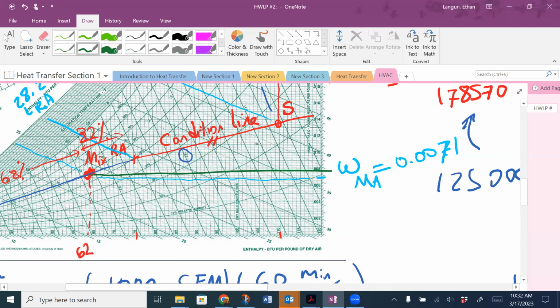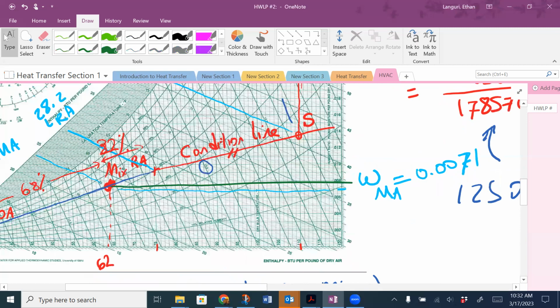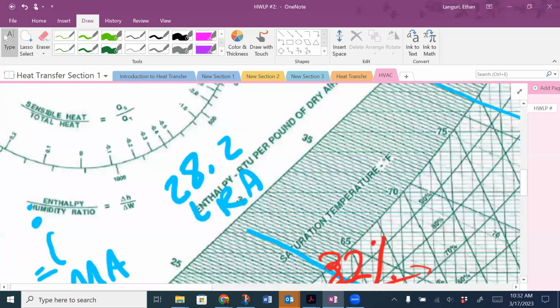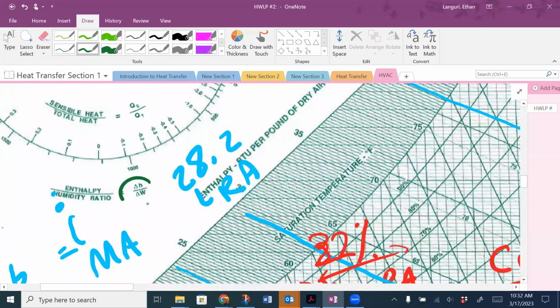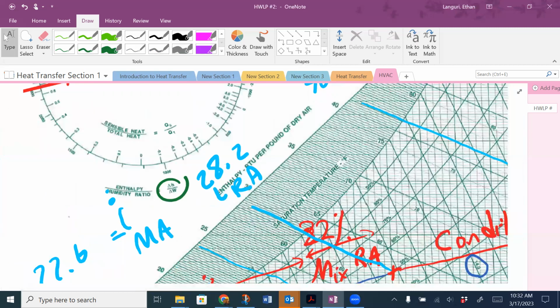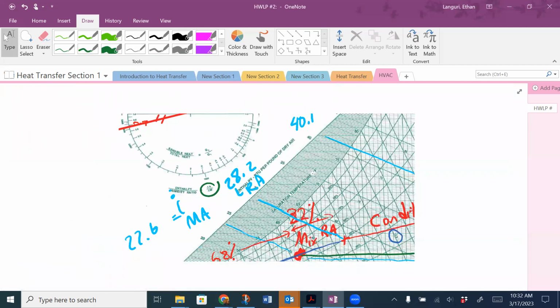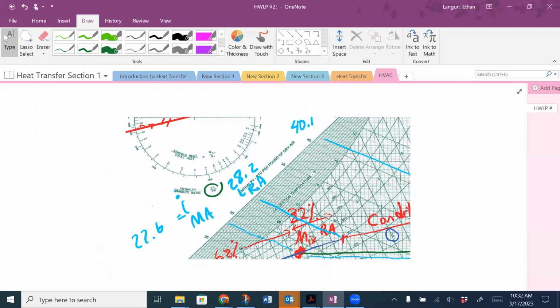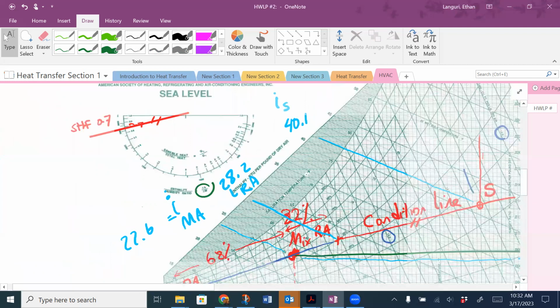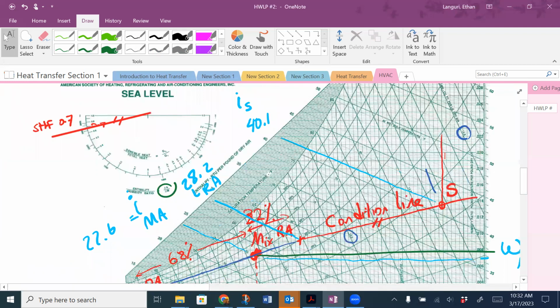To do that, I'm going to go ahead and use the psych chart protractor tool. This time I'm going to find out what's the delta of enthalpy over delta of humidity ratio, find that ratio and basically solve that.